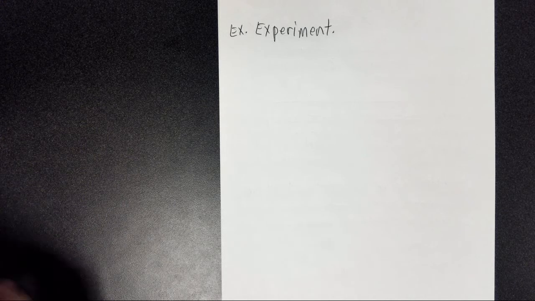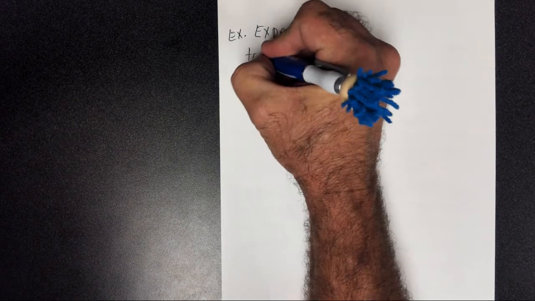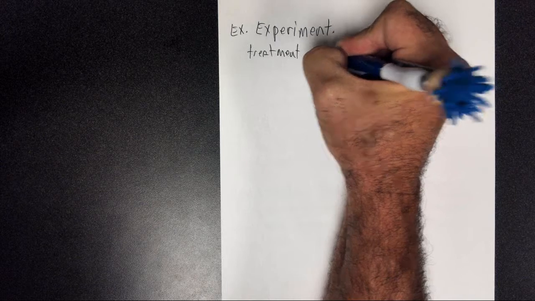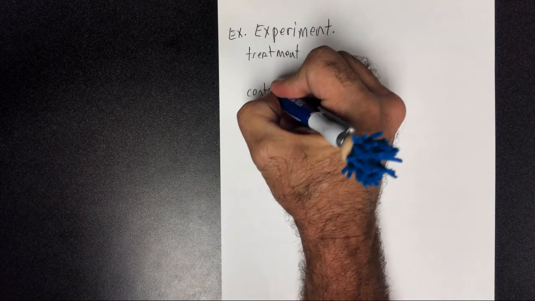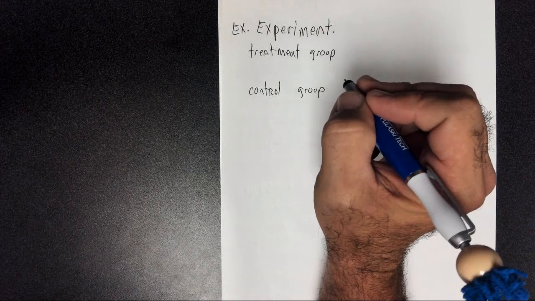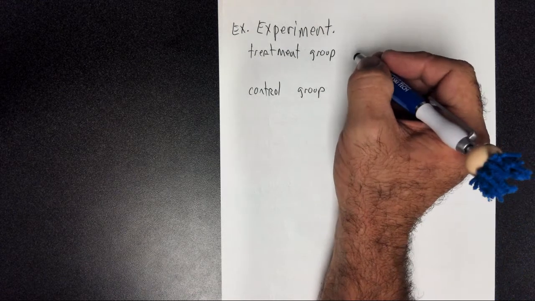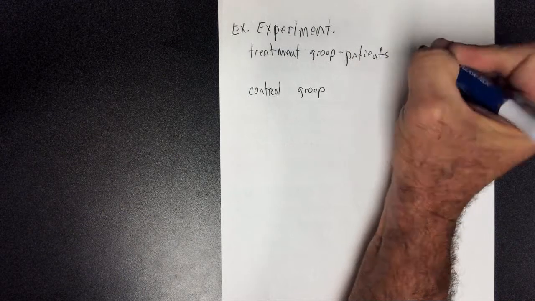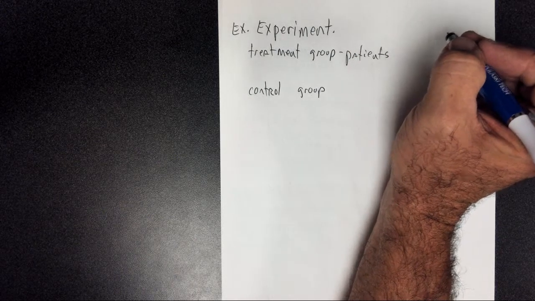Now, we have to figure out the treatment group and the control group. So I said the treatment group was the patients that used the magnets.